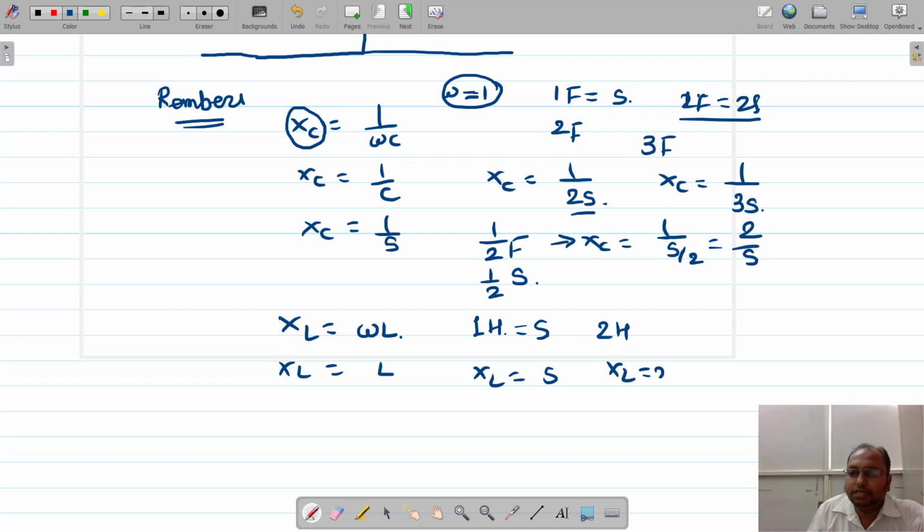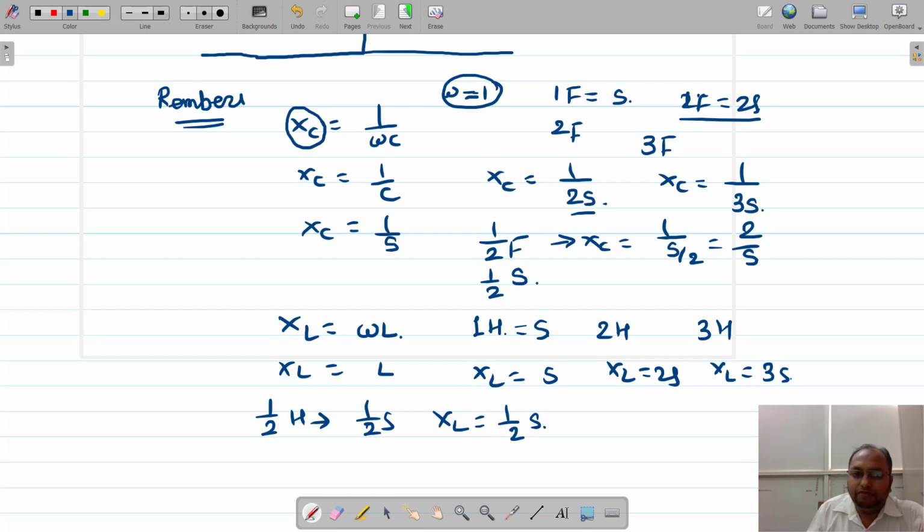XL will be 2S. If it is 3 henry, then XL will be 3S, right? If it is half henry, then XL will be half of S.